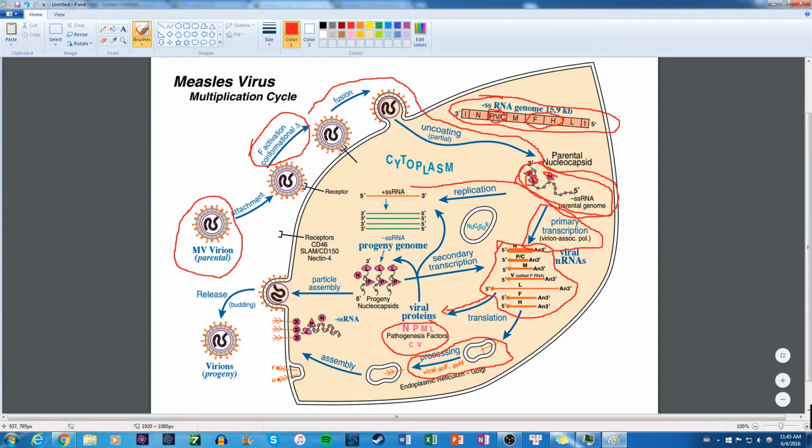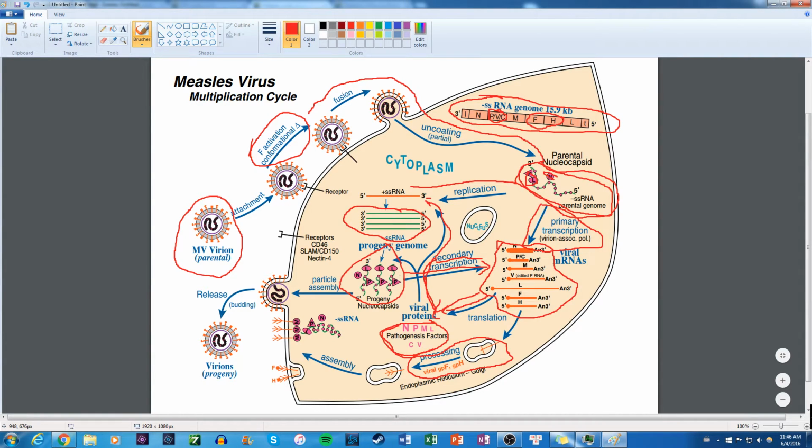So these viral proteins all go up here. They can do secondary transcription. They can take that positive ssRNA that you made in the beginning and make a huge amount of your original genome. Now you have a bunch of your original genome. From here, you can have more transcription, and then more proteins made.